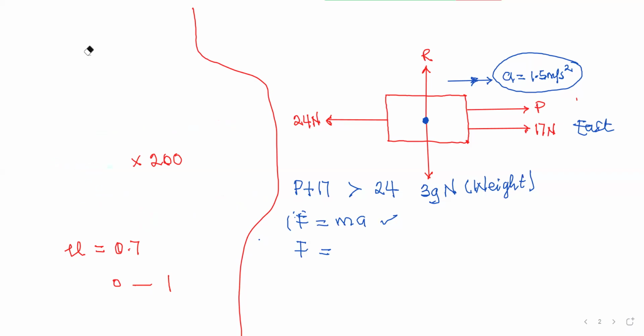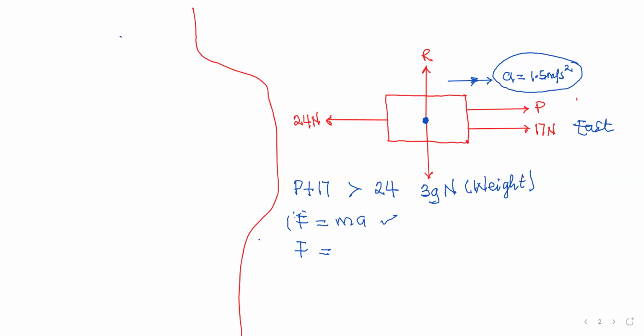Emmanuel, Jones, if the weight is 3g, what do you think will be the mass of the body? 0.3 kilograms. Okay, let's see.